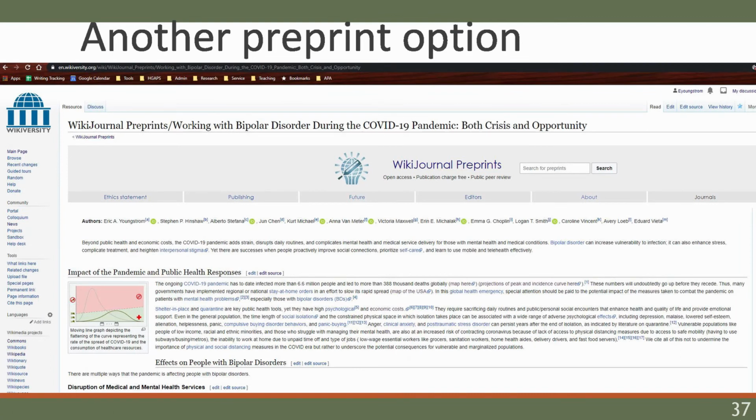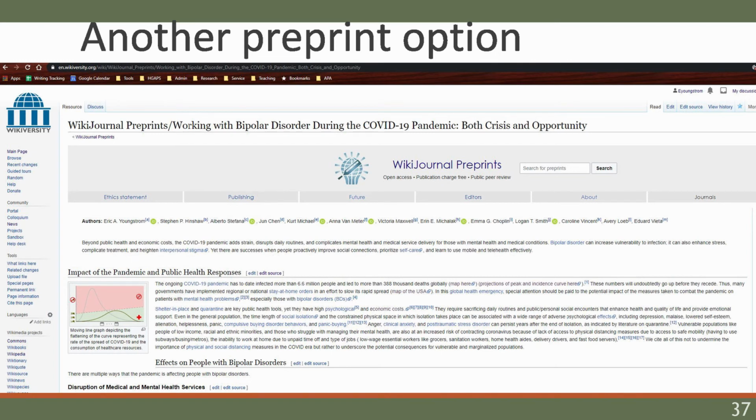But wait, there's more. We can do even better than that. There is an open access journal that does not charge money to submit stuff to it. It's a free open access journal, housed on Wikiversity, that teaching-oriented site that I use. So this article is under review at the Wikipedia Journal of Medicine.